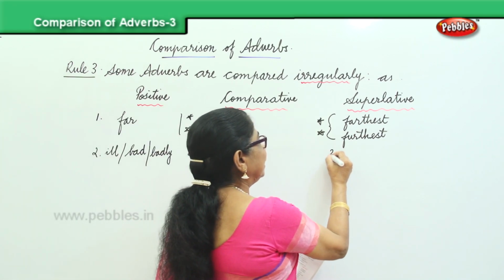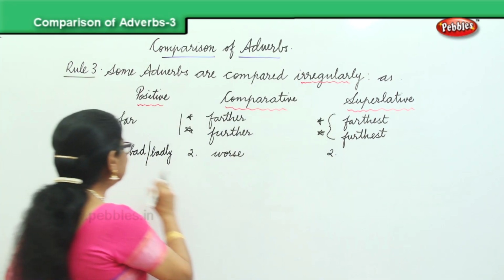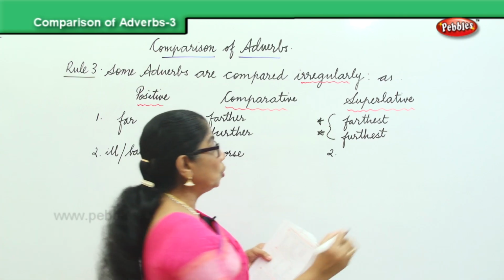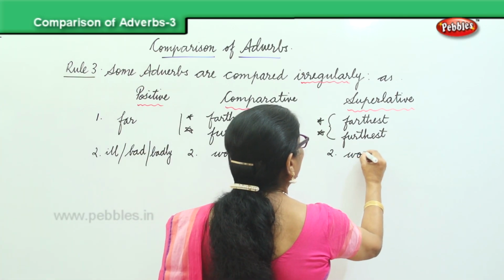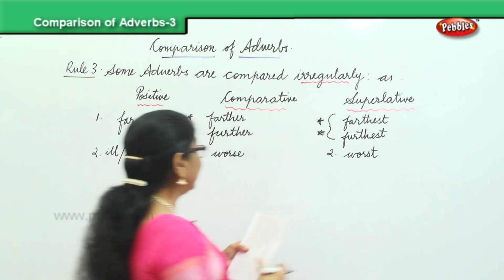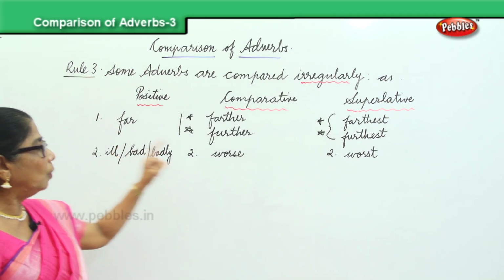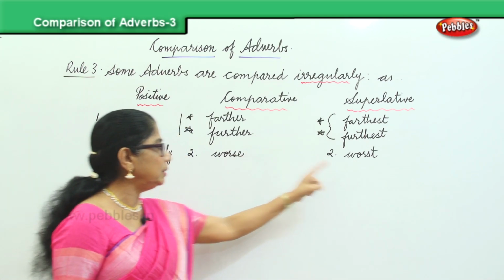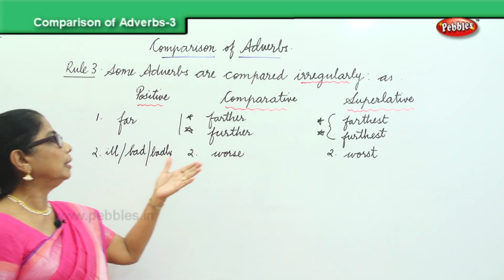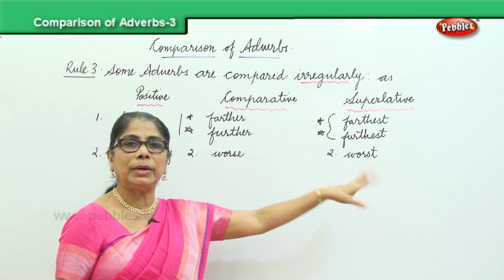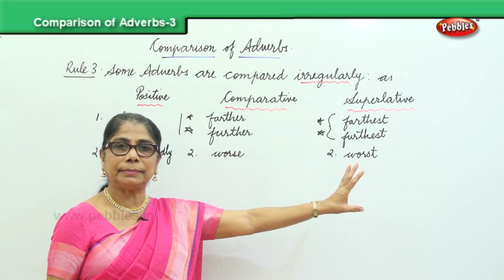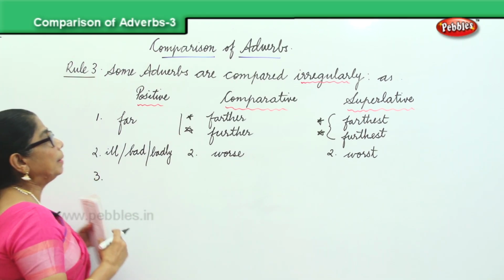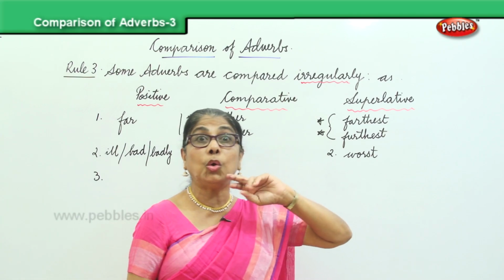In the superlative degree, you say, my brother was ill yesterday. Now today is the worst. The fever has caught on to him. So worst, W-O-R-S-T. Okay. So whether you say ill, worse, worst, or bad, worse, worst, or he is hurt badly, has become worse today, and was worst last night. So these are the tricky words that we need to remember because they are all irregular in all the degrees.